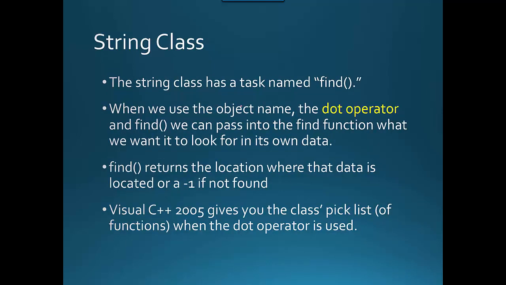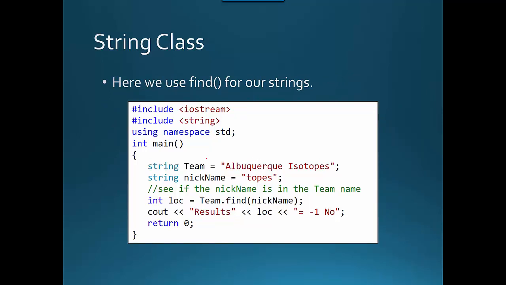The string class also has a function called find. And again, we have to use the dot operator to get access to the find function because it only belongs to strings. To make sure that the compiler only uses that function with strings, we have to use it on a string. So here team is a string. If we want to find the nickname in that string, the find function, if we pass a string in here, it'll look for the position of that inside of here. So Topes is here, and where will it display?